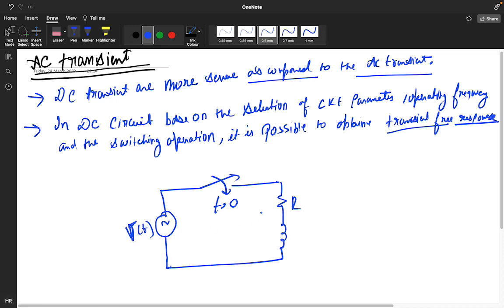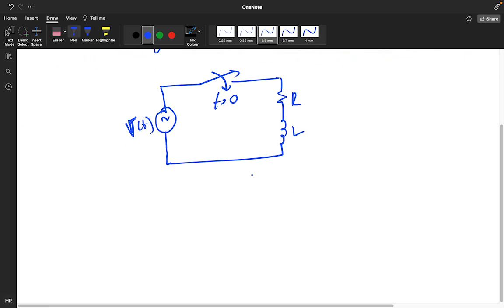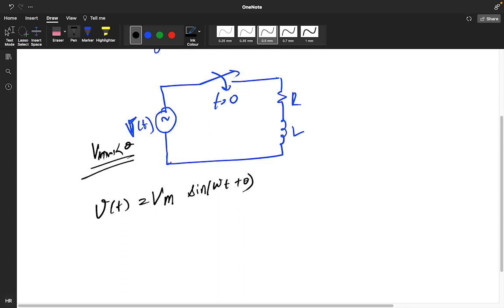This is my AC source, and this is my L. V of t is given as Vm sin(omega t plus theta). That means it has some Vrms value at an angle theta. That Vrms is multiplied with root 2 and we get Vm sin(omega t plus theta).